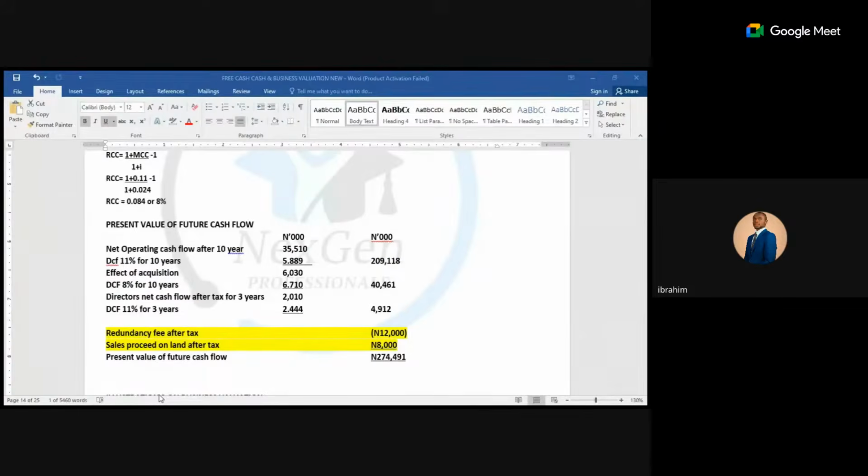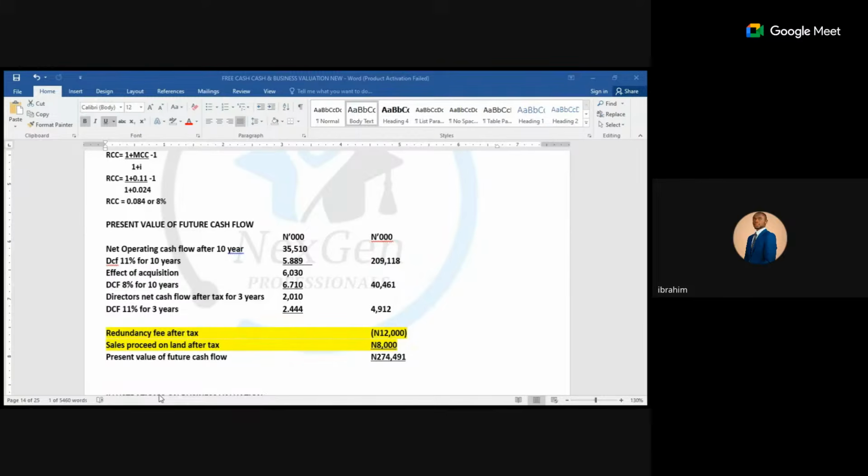They are not paying anybody. Okay. Do you understand? If it is advertising expenses or the redundancy fee that you paid outside, it's an outflow, so it's going out. The directors are the owners of the business, and that is what they will receive. It will become an inflow. If you say that it will be an outflow, that means you are not recognizing it for them.